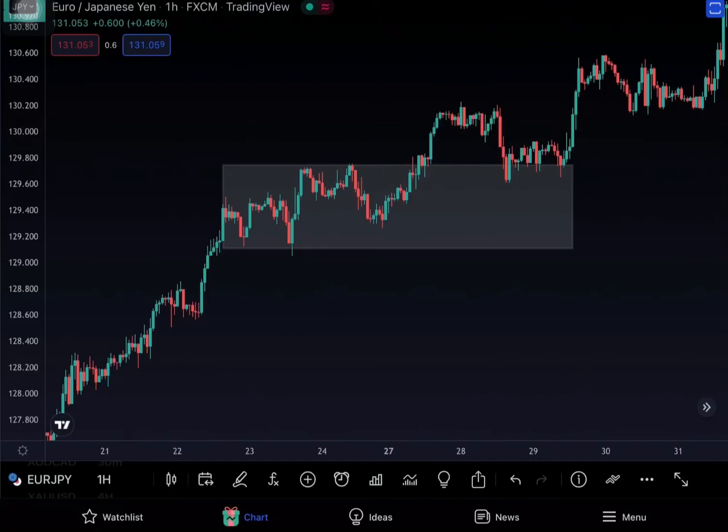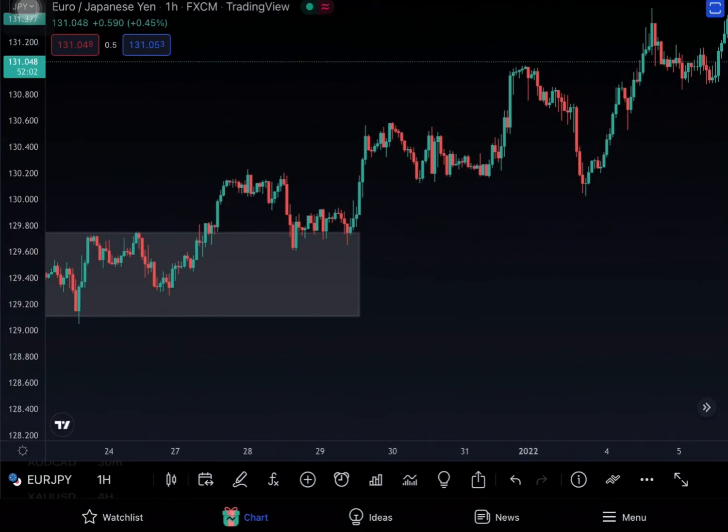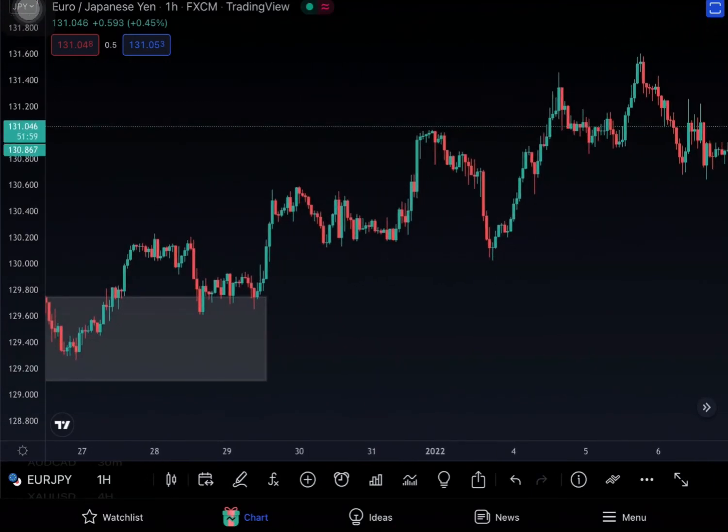As you see, the price has a rest in here in the rectangle, and when the price broke the rectangle and had a nice and fine retest on it, you should see the next incoming wave.